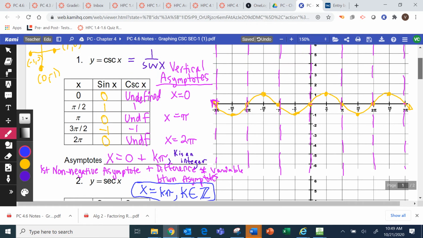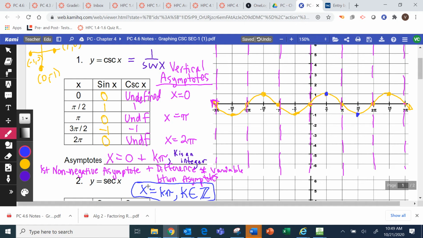I didn't actually finish the graph yet. So now at pi over 2, we have a value of 1. And at 3 pi over 2, we have a value of negative 1. Now that's not enough to see the graphs. Remember the first day we did this, we found all those little decimals and it took forever. I could do that. How about I just do one of them? And then you guys can trust me on what these graphs look like.